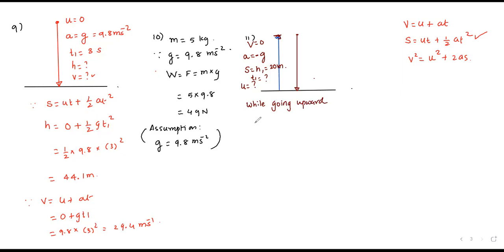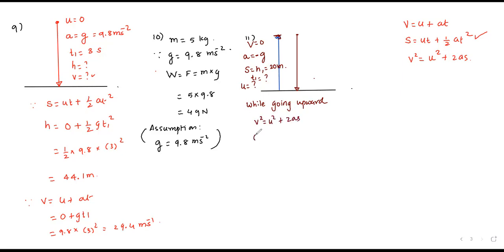Which formula do you use? S is given, g is given, and time we want. So I can use this equation: v square is equal to u square plus 2as.